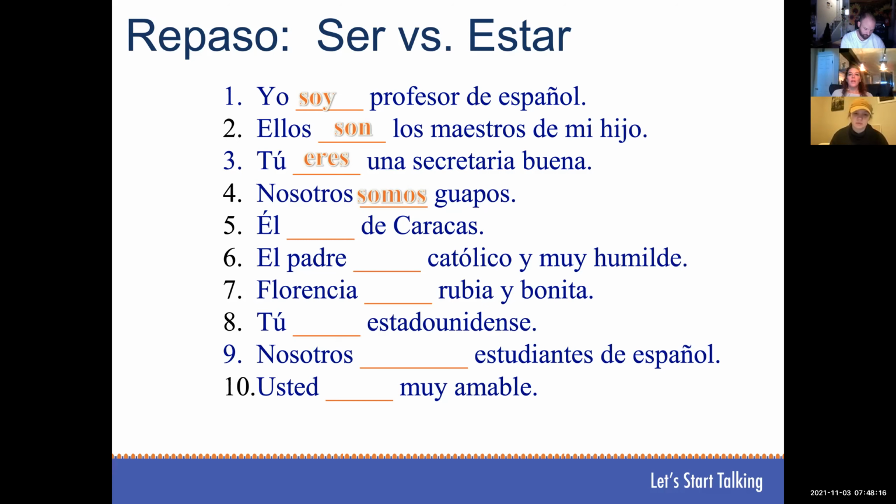Okay, go ahead, Sky. Él soy de Caracas. Right verb, wrong conjugation. Él eres de Caracas. Wrong conjugation again. Yo soy, tú eres, él es de Caracas.